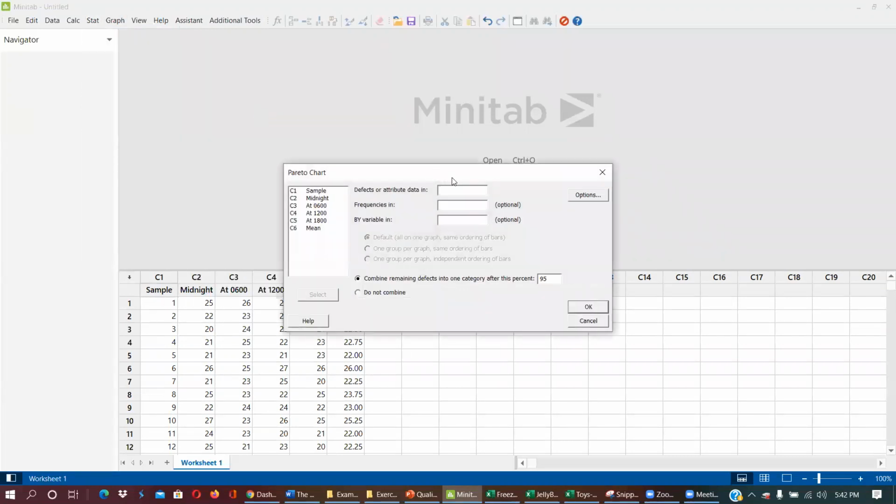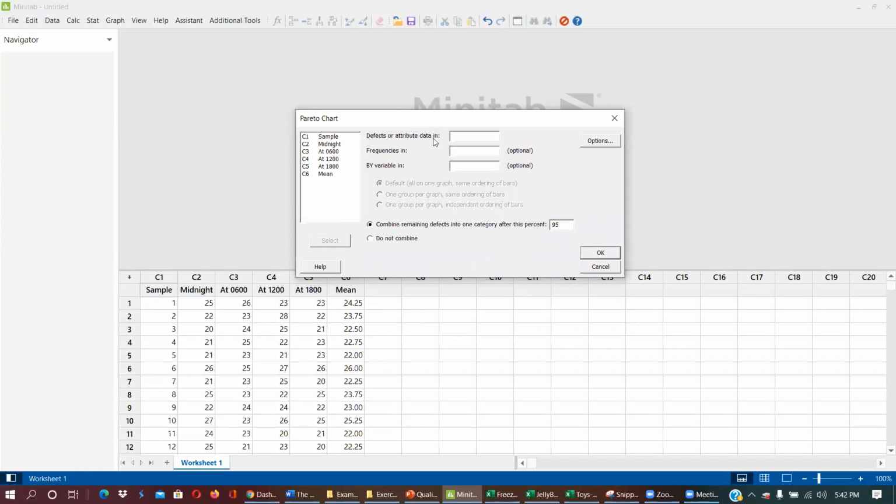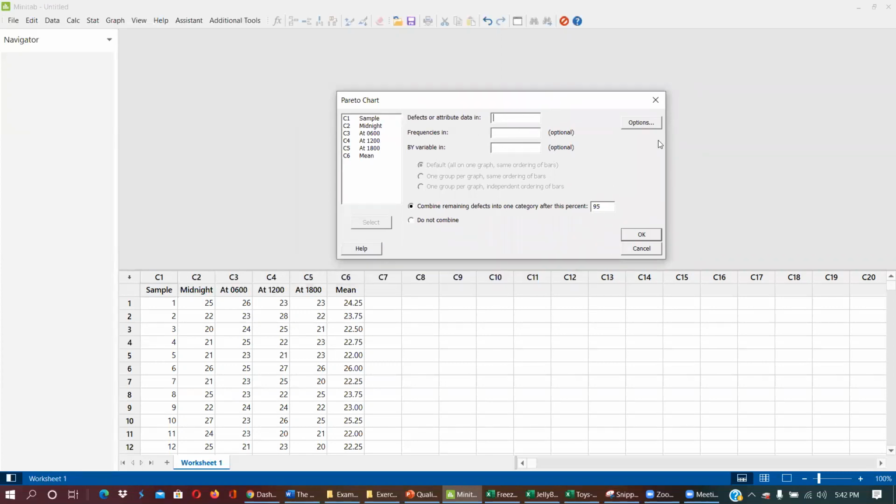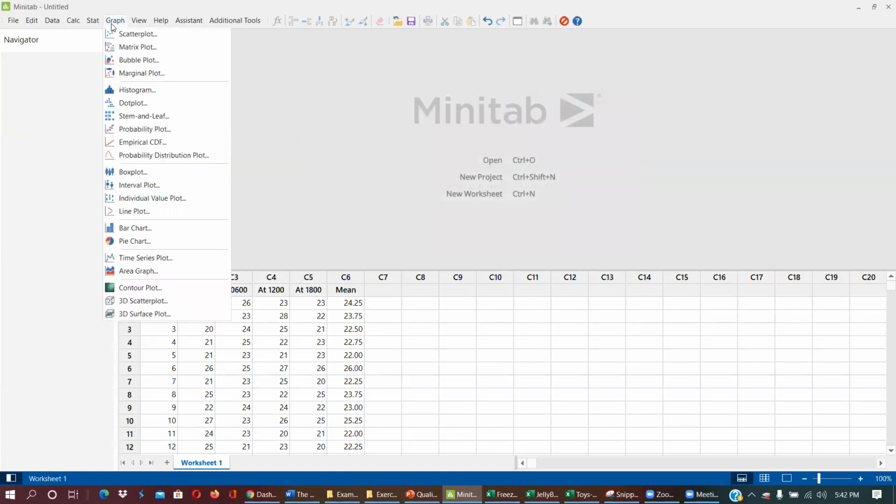When you have defects or attribute data and frequencies, you can plot the Pareto chart.